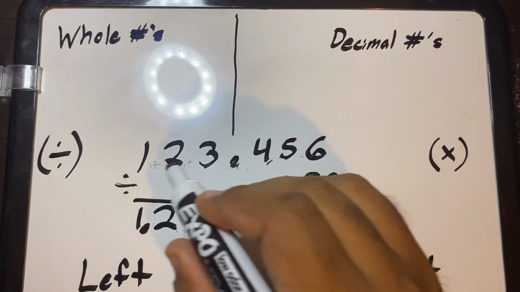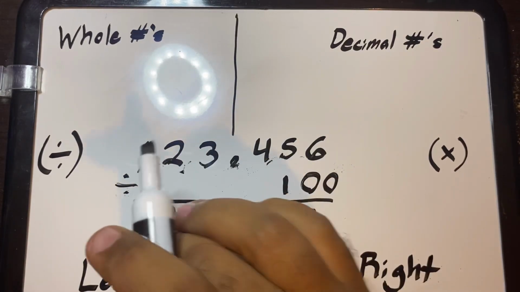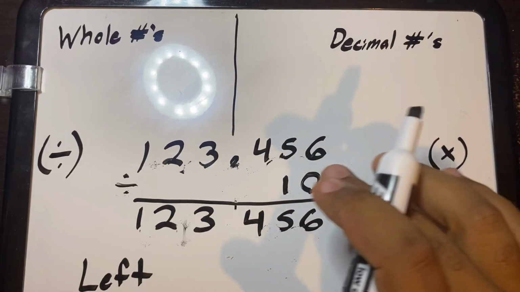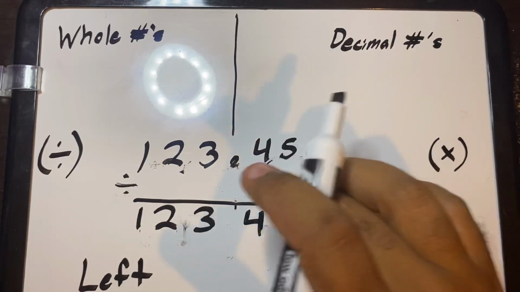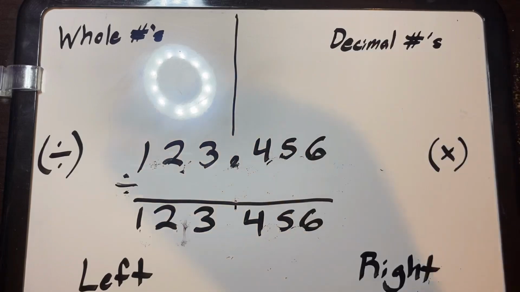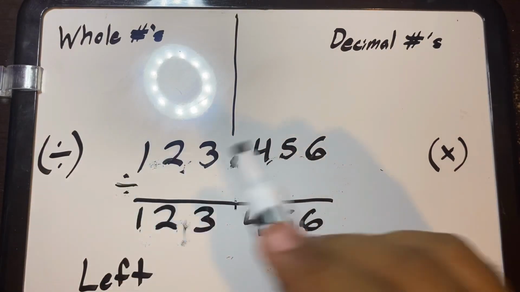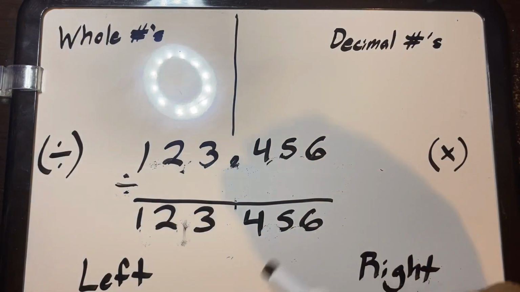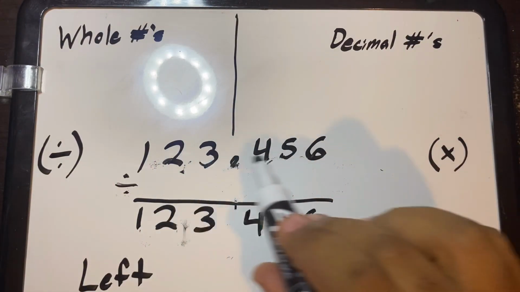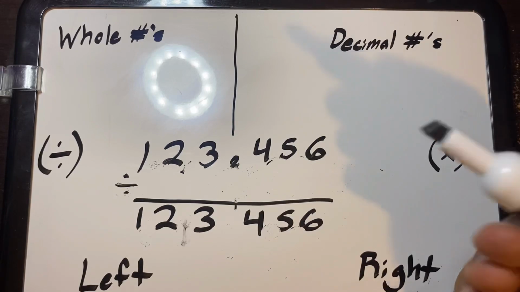But Mr. V, what if the number has more zeros than the number above it? Now, if by that you mean there are more zeros than there are numbers in the top, we can do that too. So let's say this number is divided by 10,000.